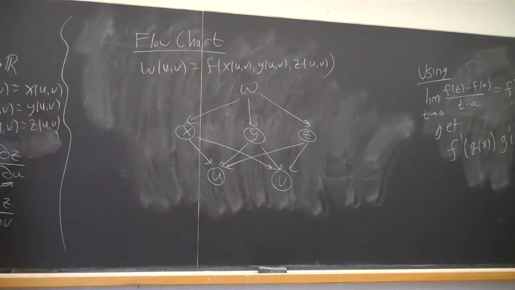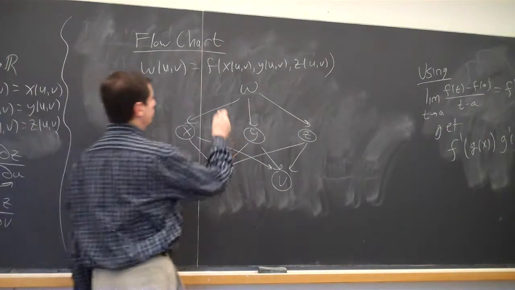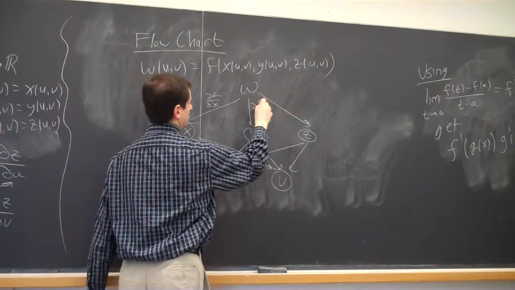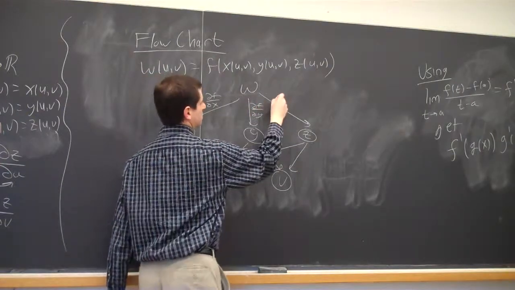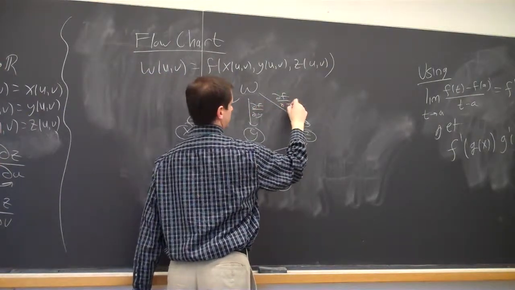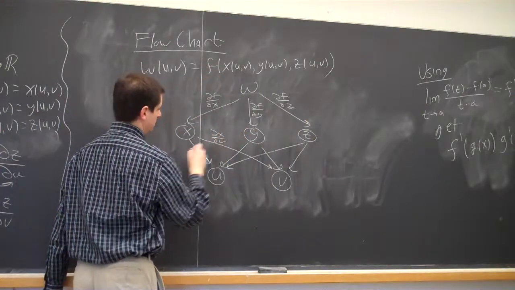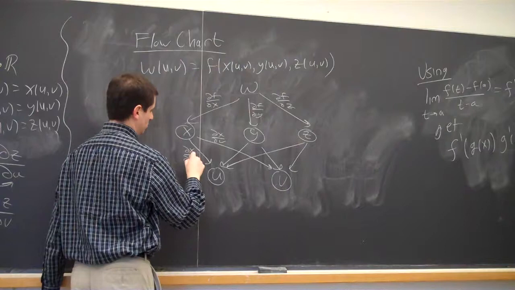Okay, so this is the flow chart. So going from here, this is df dx, df dy, df dz. Over here, this is dx dv, this is dx du.